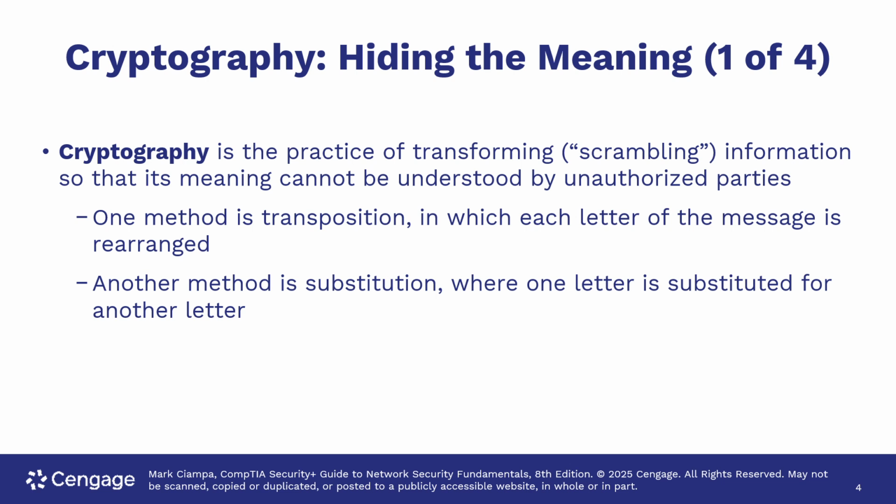For example, if we took every letter of the alphabet, A through Z, and gave it a number 1 through 26, this is the beginning of what's called the Caesar cipher, the simplest of the symmetric encryption methods. So I have the word cat, C-A-T.